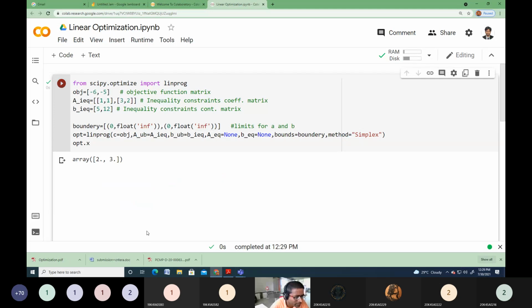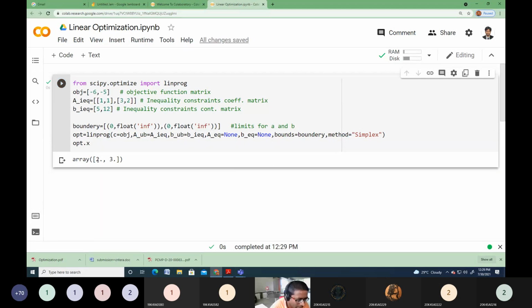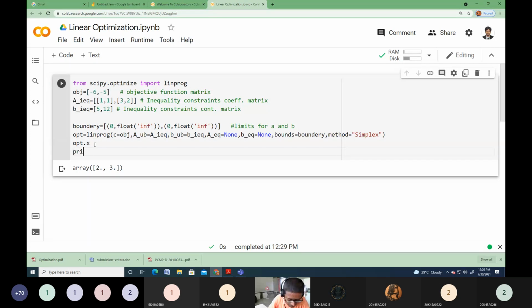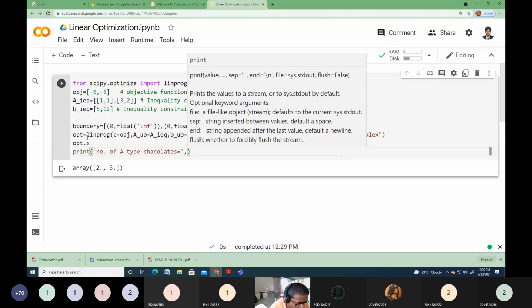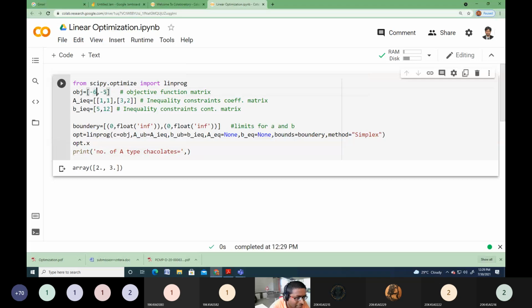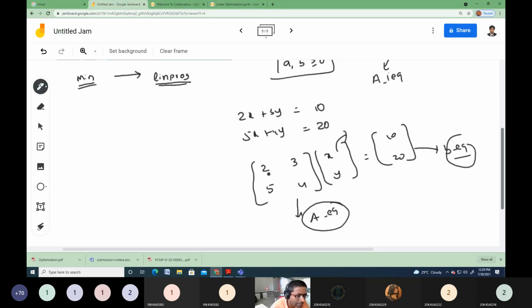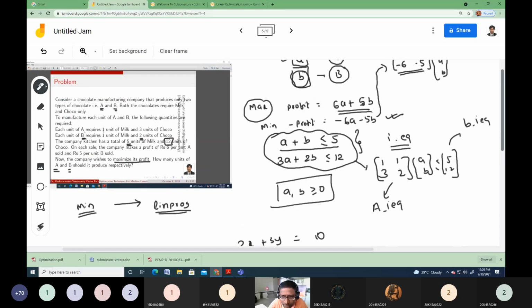Now see, it is giving the solution that is 2 and 3. That means for a client you have to give it in a proper manner, like number of A type chocolates equal to, and so on. The 6 and 5 represent the profits: 6 represents the A type chocolate, 5 represents the B type chocolate.